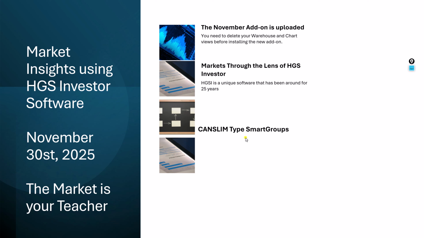And this week I'm going to talk about CANSLIM type SmartGroups. Now, these don't meet the absolute definition of CANSLIM stocks because I'm just primarily looking at stocks with 20% earnings and revenue growth. But that's what's in the filter, and I'm going to show you what it pulls up.